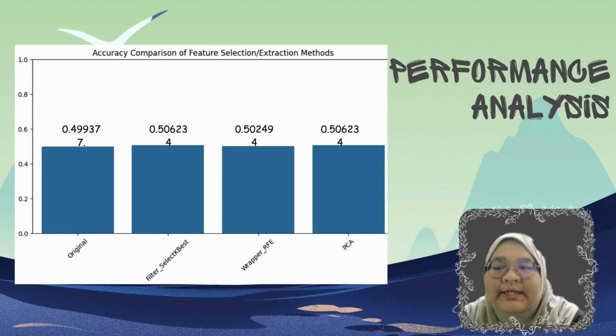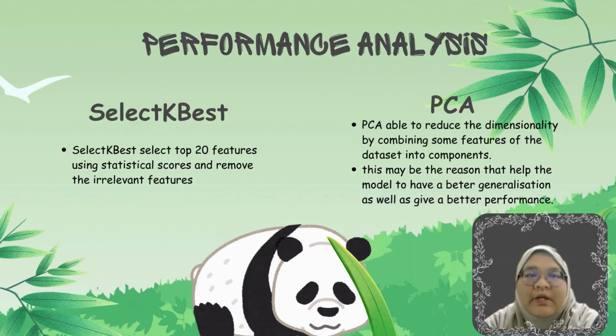Therefore, what we can see is the highest accuracy was obtained when we classify the dataset with the feature selection filter method, which is SelectKBest, and also the PCA for feature extraction. The reason why SelectKBest and PCA have the highest accuracy is because with the feature selection technique, SelectKBest, they will remove irrelevant features.